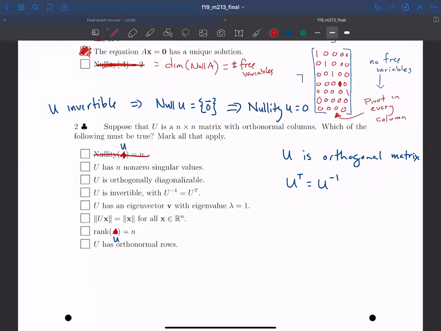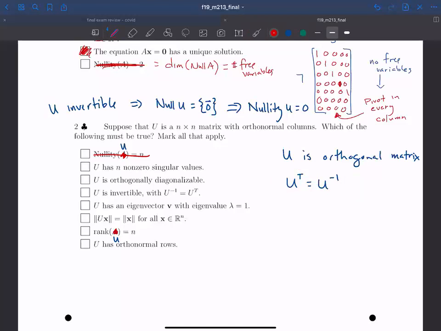Okay. I was thinking when I said no, it's not true, I was thinking more that it doesn't have any free variables because they're orthonormal columns, and so they're going to be linearly independent. Is that a right way? Yep. That's a perfect way to think of it.